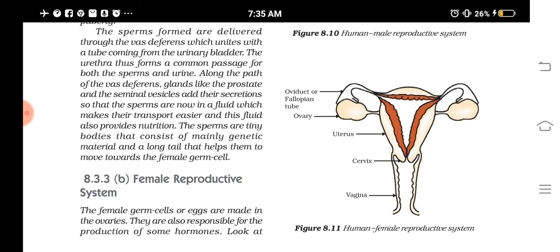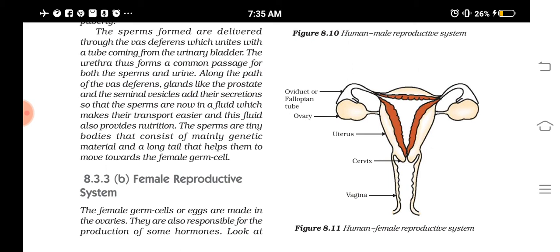Then the embryo gets nourishment, oxygen, and other nutrients from the mother's body through a special kind of tissue called the placenta. So what is the placenta? It is a tissue which connects the mother's body to the baby's body through a long cord known as the umbilical cord, and this placenta helps in nourishment and the exchange of materials.